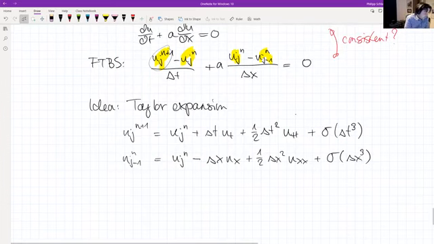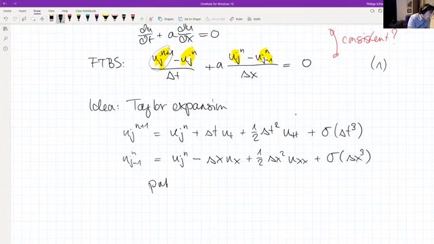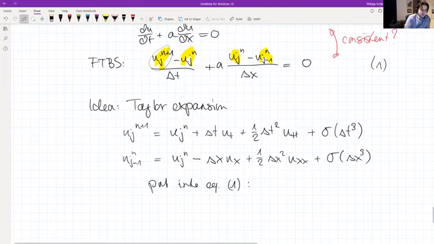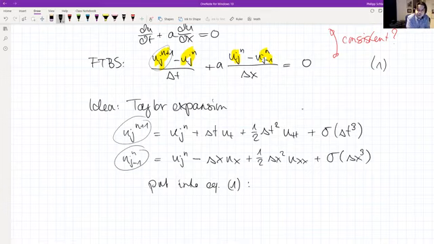Okay. Now, if I call this one equation 1, then I just need to insert that into equation 1, and then we will see what actually remains. So I put these Taylor expansions into equation number 1.